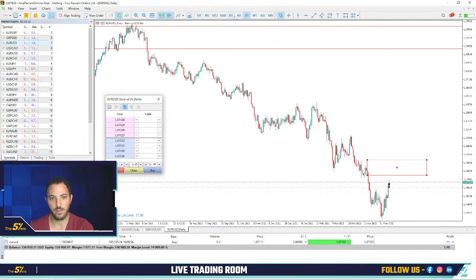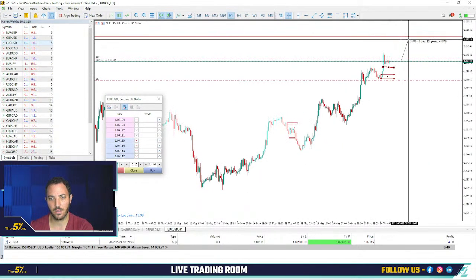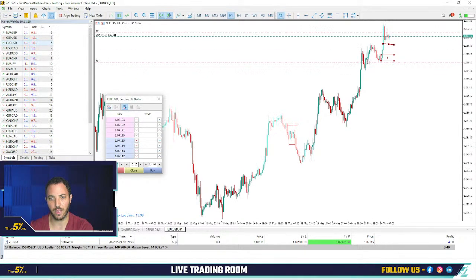So we should be testing that area. So we have some pips to take advantage of.